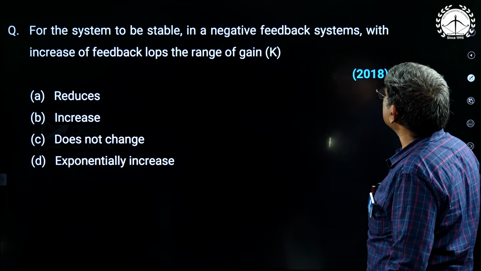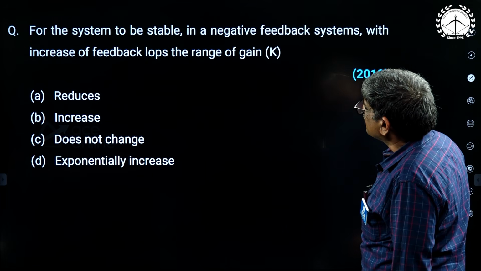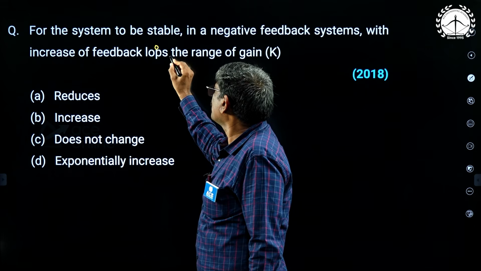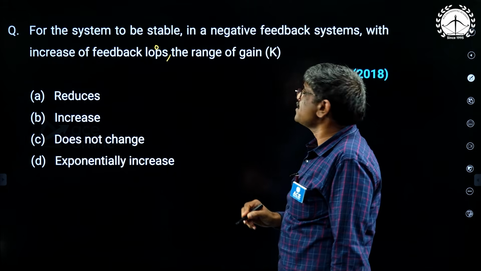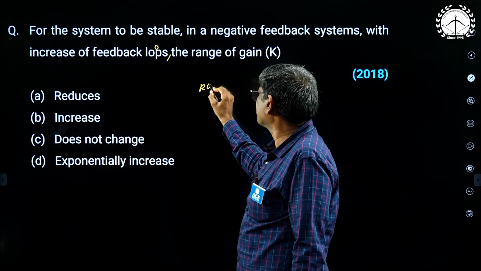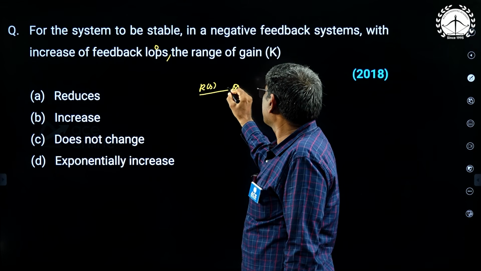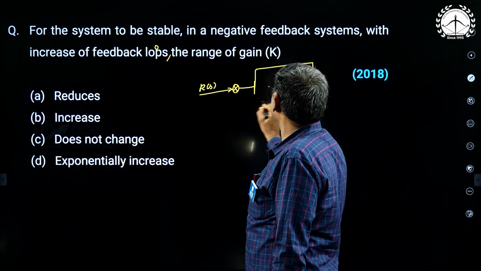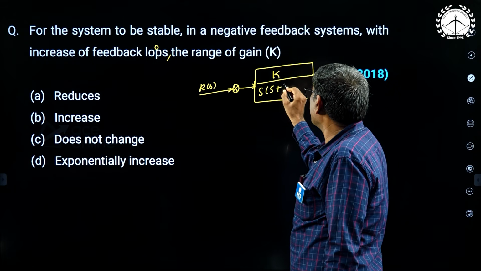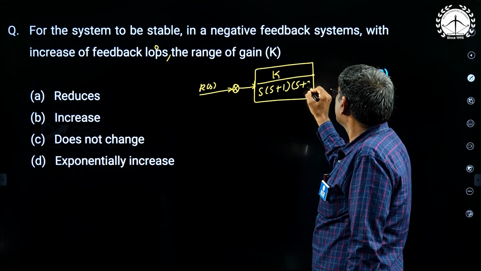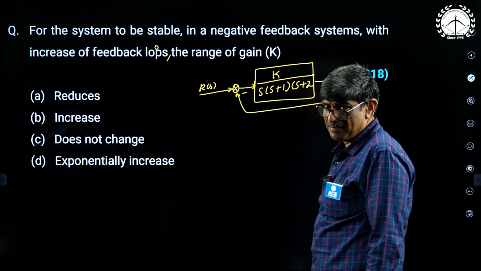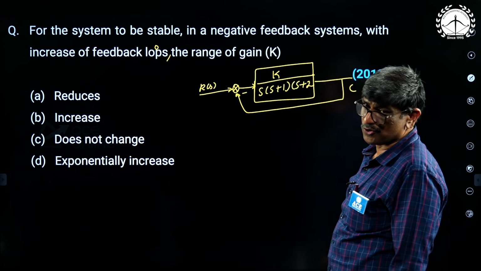Next, for the system stable with negative feedback, as feedback loops increase, the range of gain reduces. For example, here I'll take some function like k by s into s plus 1 into s plus 2. First I'll take one feedback, then we increase the feedback loops.